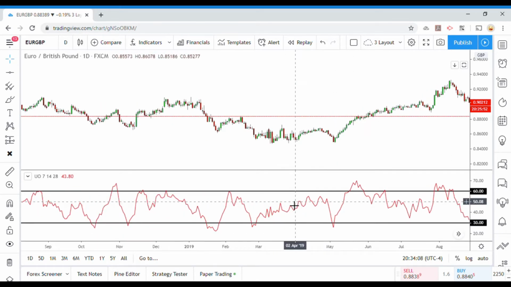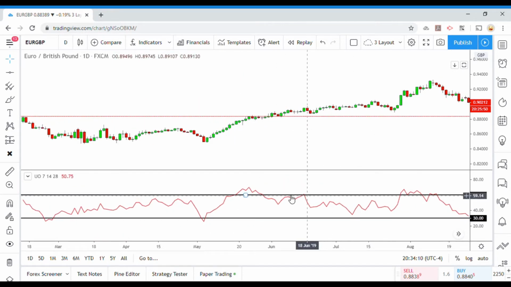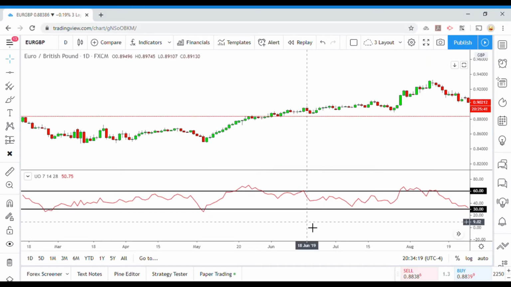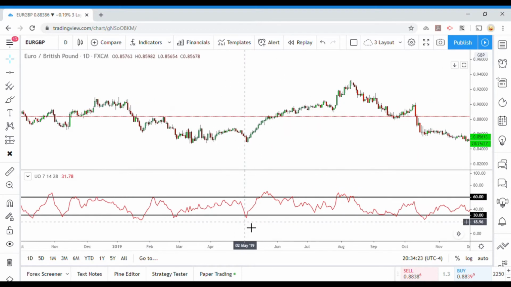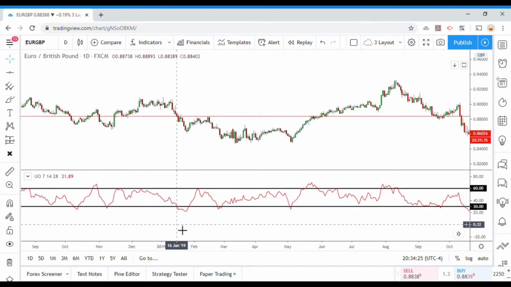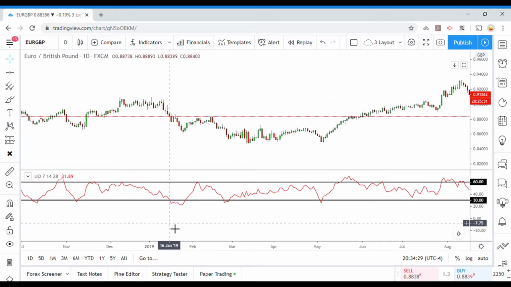But in this particular case, as you can see, we have put a top line, which would be a signal to go long, and a bottom line, which would be a signal to go short. And then I start looking. Right here, signal to go short.